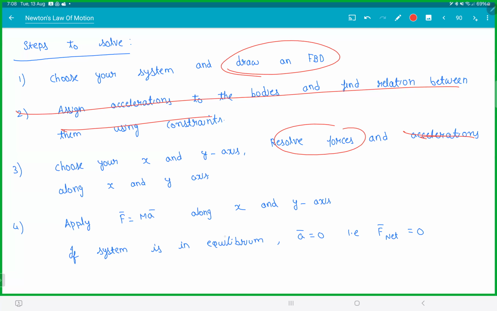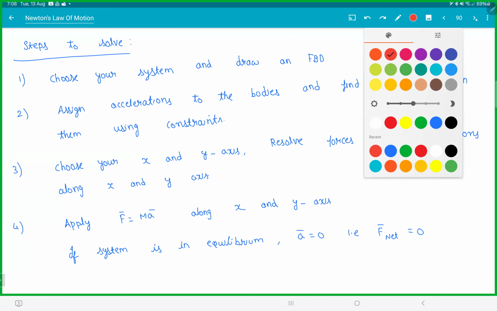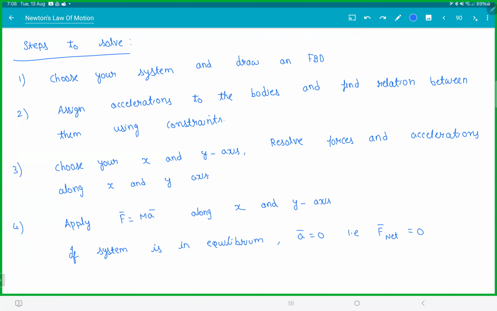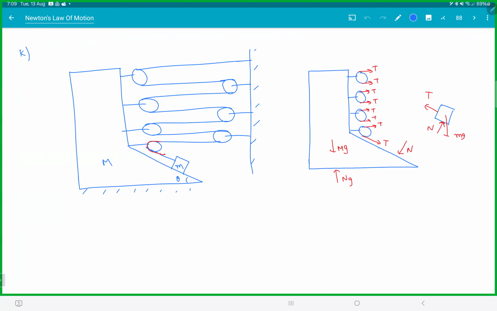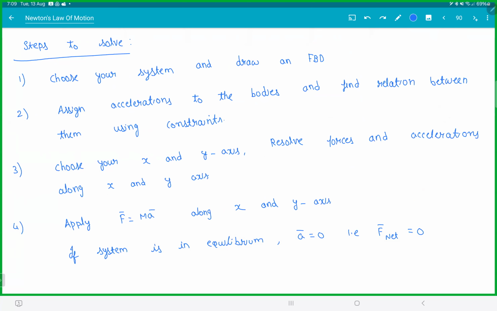And then we'll apply net force is 0. So 1, 3, and 4 is what we use. Step 2 is not necessary for equilibrium because nothing is moving. There's no constraints, all are 0. Please have a look at the steps. Do check out the steps.